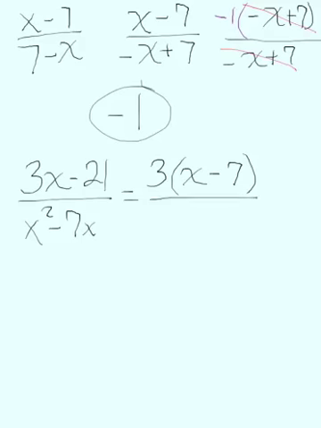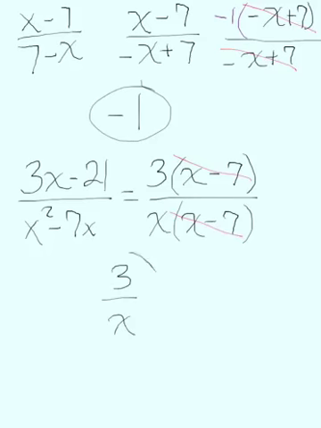On the bottom, x is the greatest common factor. They both have an x. We can factor out x. We'd be left with x minus 7. Then we can cancel. We'd be left with, for our answer for this problem, 3 over x.